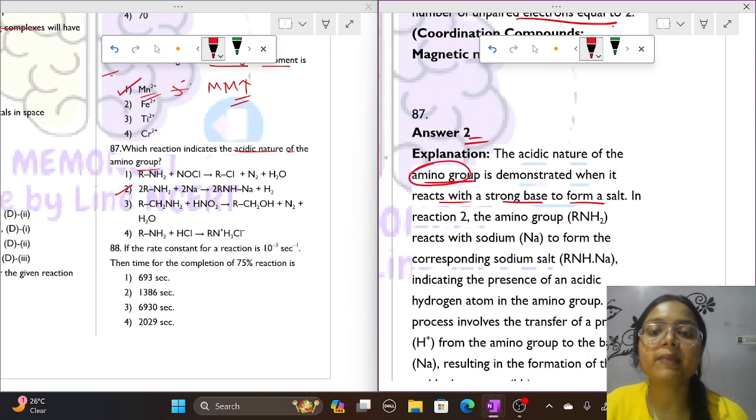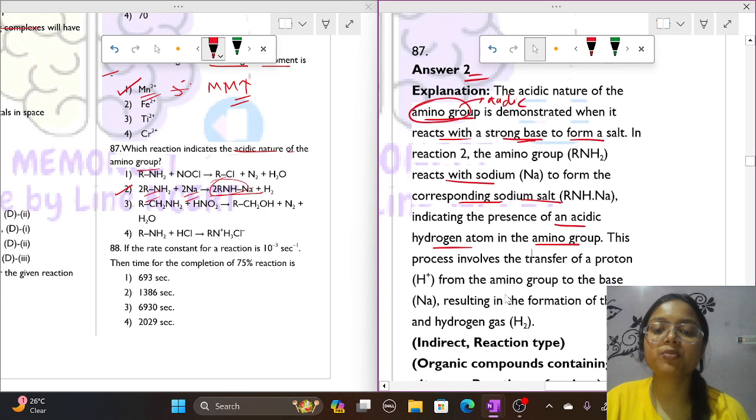So the amino group is acidic in nature, and when we react it with a strong base, it forms a salt. In option 2, the amino group is there and Na is there, so we will find this is the salt and H2 is released. The amino group reacts with sodium to form the corresponding sodium salt, which indicates the presence of an acidic hydrogen atom in the amino group. This process involves the transfer of a proton.